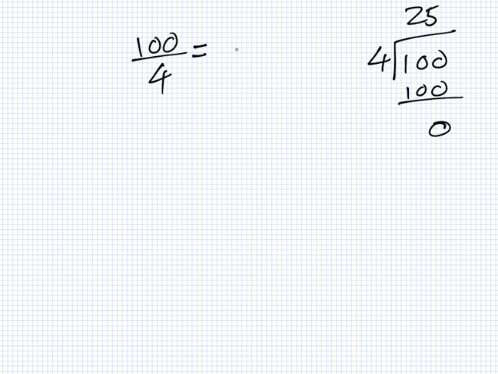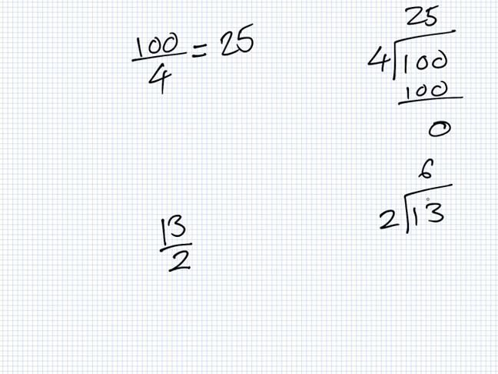So you can say this is equal to 25. Now look at this example. Let's say something simple like 13 over 2. How many times does 2 go into 13? 6 times, and what's the remainder? 1. Is it right to say that this equals 6?